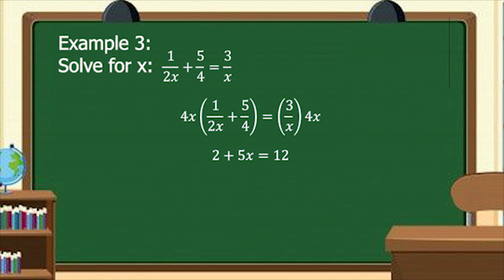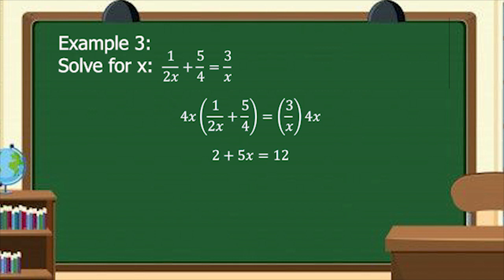Then, 4x times 3 is 12x, divided by x is 12. Now, you have the simplified equation 2 plus 5x equals 12.